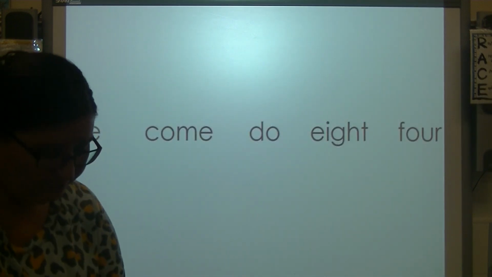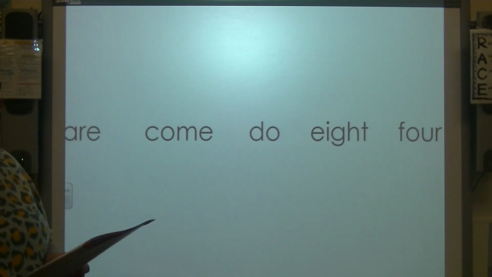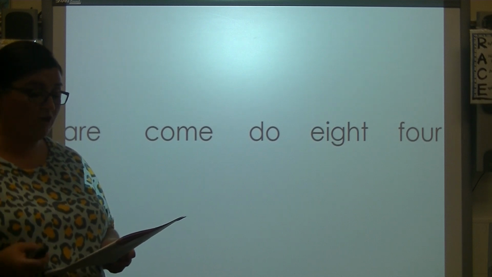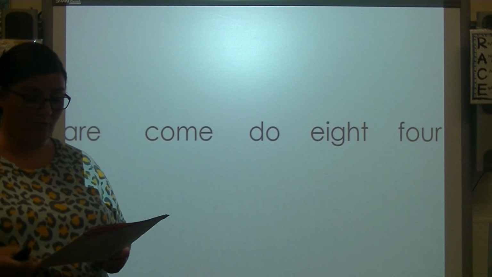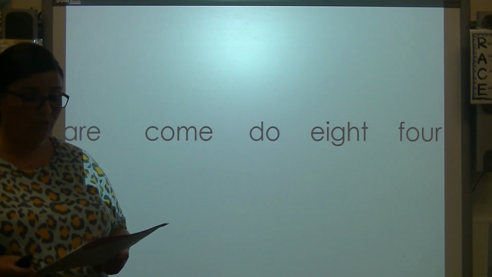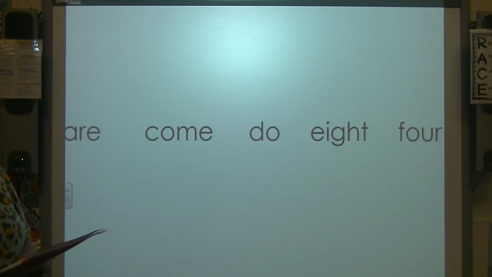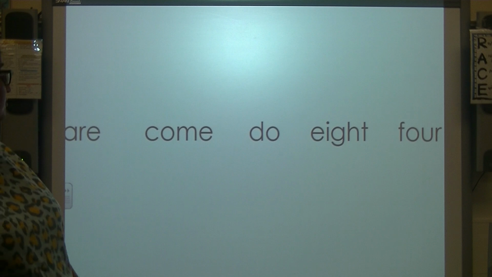All right, now, during our Saxon Phonics, we're going to have some sight words, or those words we just have to learn by looking at them or by sight. Those are words that a lot of times are funny words and you can't sound out. Let's see if you remember these words from first grade.